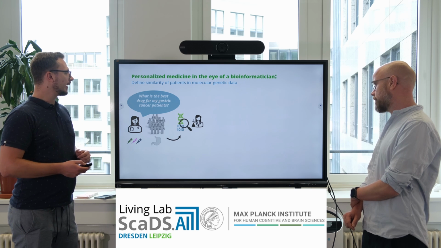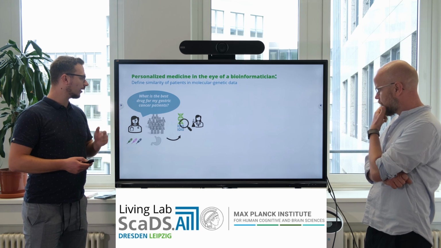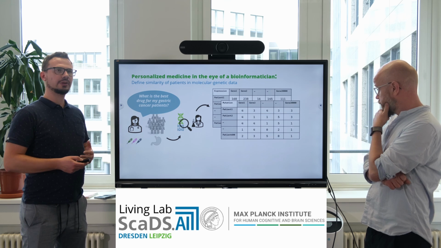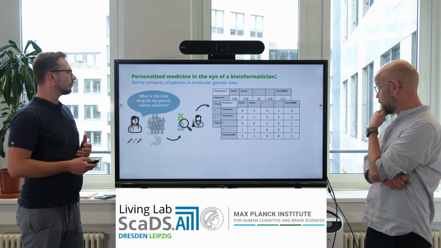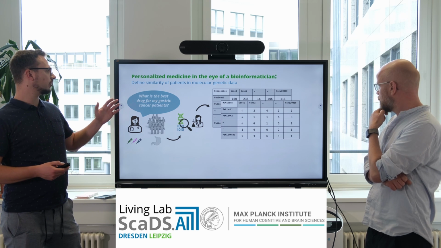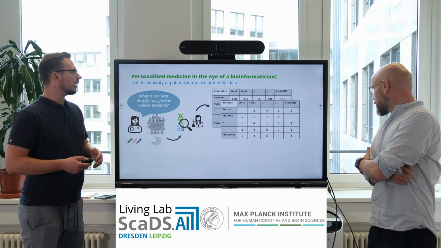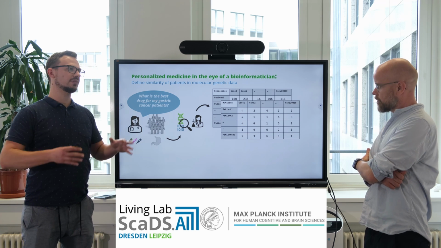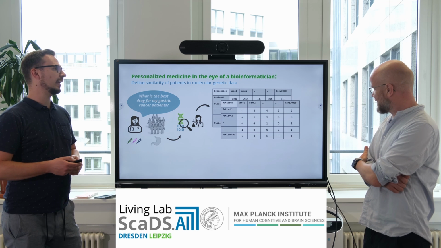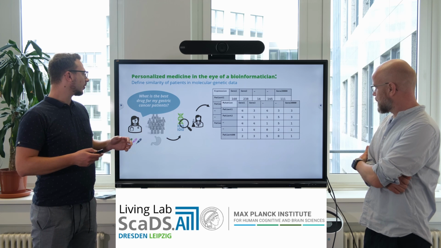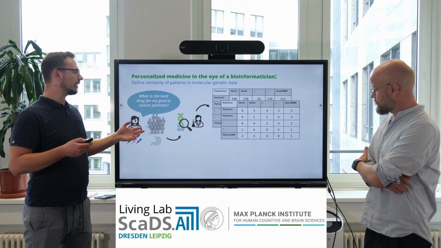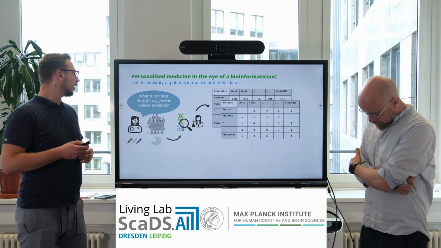And for that, scientists and molecular tumor boards can create tons of data tables like this based on molecular genetic data, and this creates very high dimensional data because we have thousands and thousands of genes active in our bodies, and we have nice tools to generate these kinds of data, so-called multi-omics.